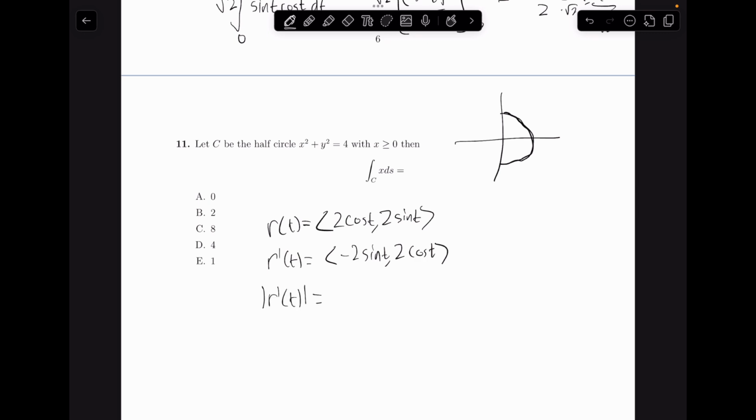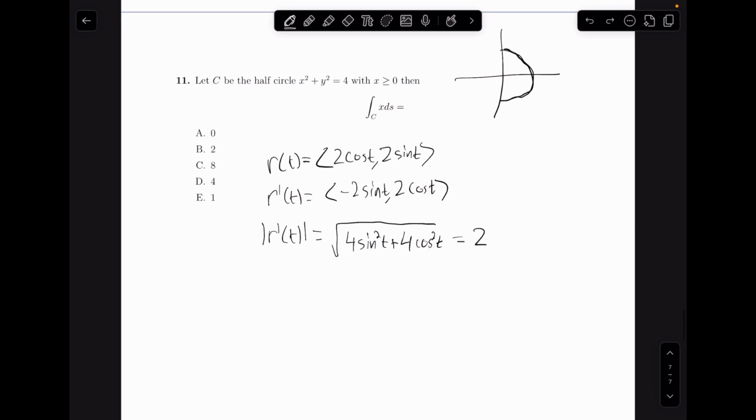It's going to be the square root of 4 sine squared t plus 4 cosine squared t. We could factor out the 4, and we're just going to get 2 here. That kind of makes sense because these vectors are pretty much equivalent other than the sign, and that doesn't matter when we take the magnitude. So that's going to be 2.